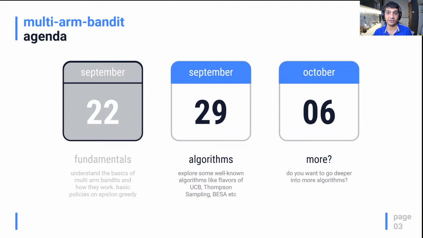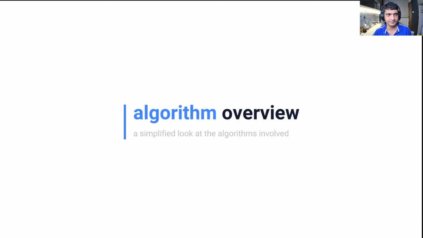We are just going to do some deep dives with those algorithms, do a comparison, and understand how algorithms like UCB are developed and what some of the new concepts in there are. As we go along, for the next session we might jump into more algorithms, or we could just keep building on the concepts or applications, depending on what you are interested in.